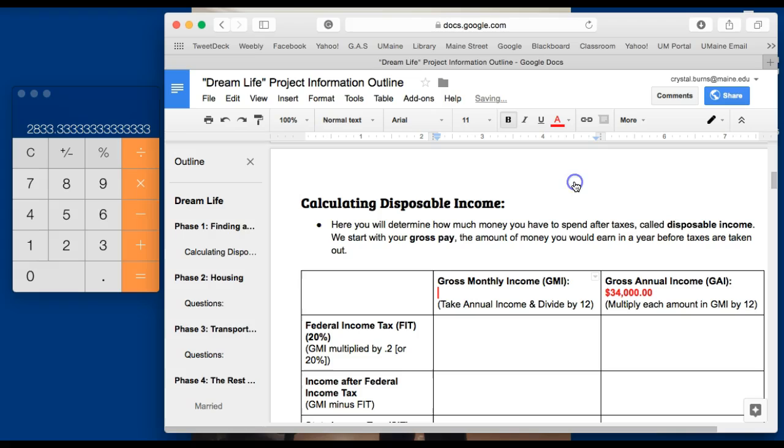And I'm just going to round this off. So it's $2,833.33. That's roughly how much I'd get paid monthly if my salary was $34,000.